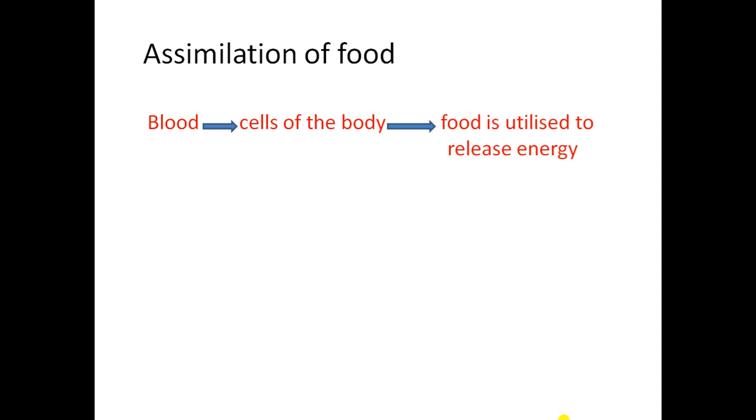This is the final stage in the process of digestion, and we call it assimilation of food. Students, inside the cell, glucose, the simplest form of food, breaks down with the help of oxygen into carbon dioxide and water, and it releases energy. This is how we are getting energy.